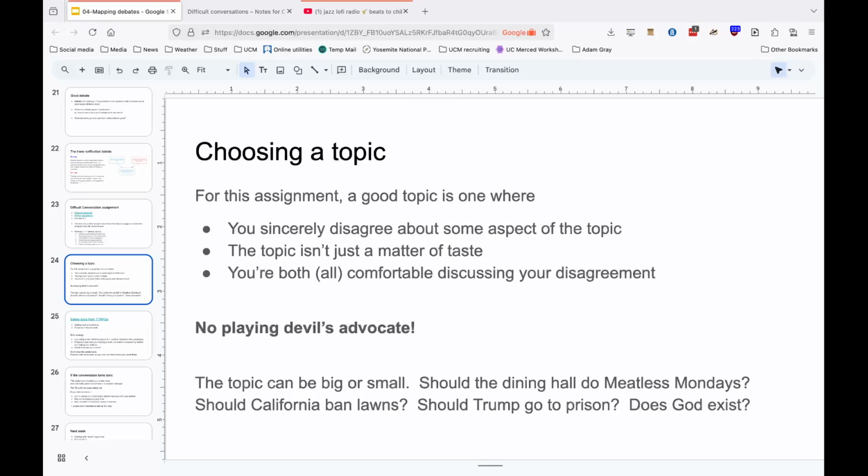We rely on stereotypes, what we've picked up often second, third, fourth hand, and the point of this assignment is to get better at having conversations where there's genuine disagreement. This doesn't mean you won't be thinking about the other side, but you will learn better about the opposing point of view if the person representing that view sincerely holds it.